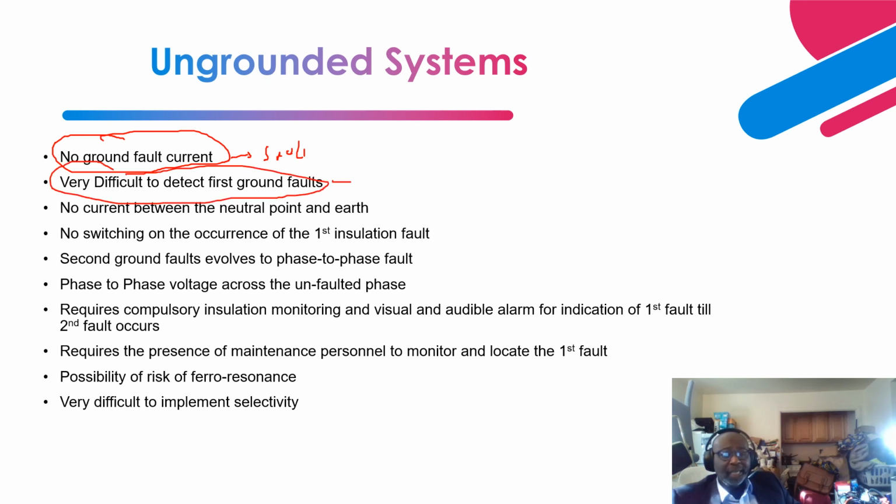Like I indicated, usually a monitoring scheme or visualization alarms are utilized to indicate the first occurrence of a ground fault. That provides an alert scheme for the operator or the maintenance personnel to listen to the alarm and take action, to identify the location of the fault and take the equipment out of service.